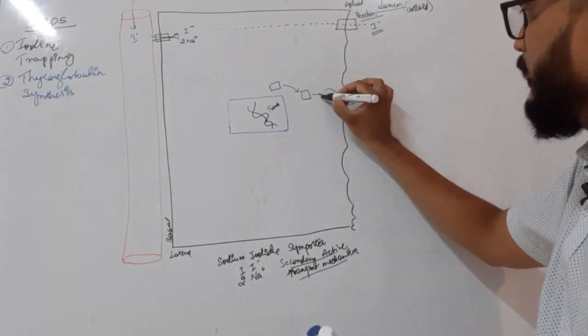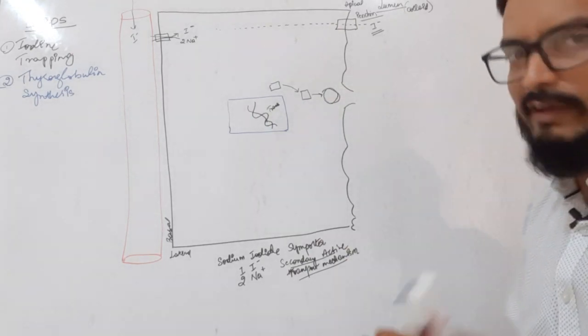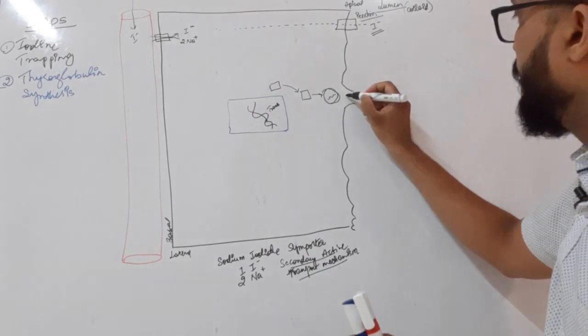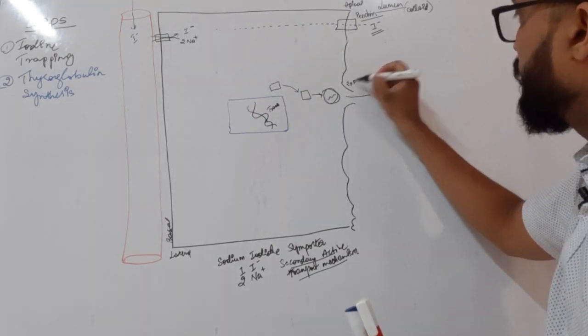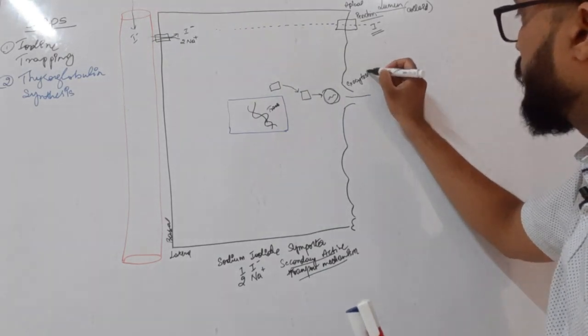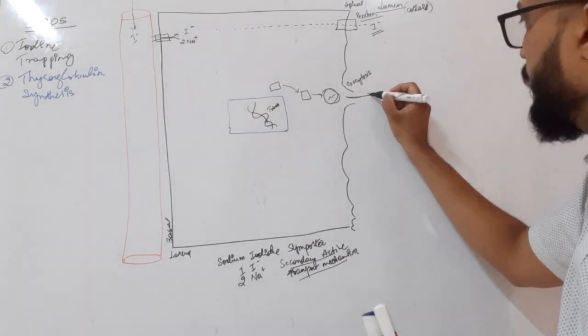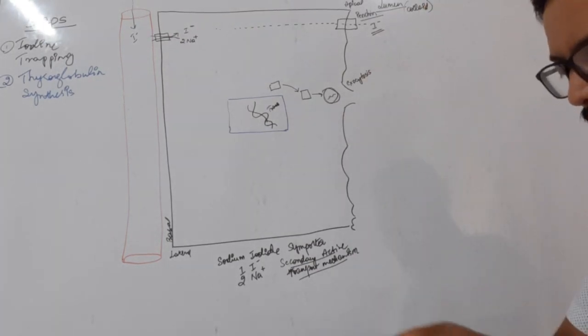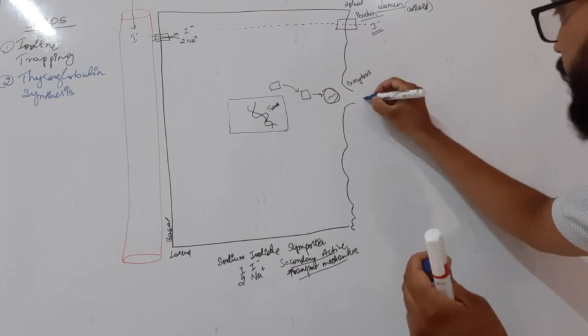It goes to the Golgi complex, it comes out as a vesicle inside which we have the thyroglobulin, and it will be exocytosed. Through exocytosis near the apical membrane, it moves inside the lumen. So in the lumen we have the thyroglobulin.